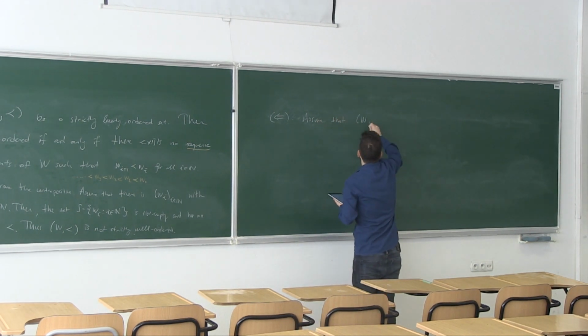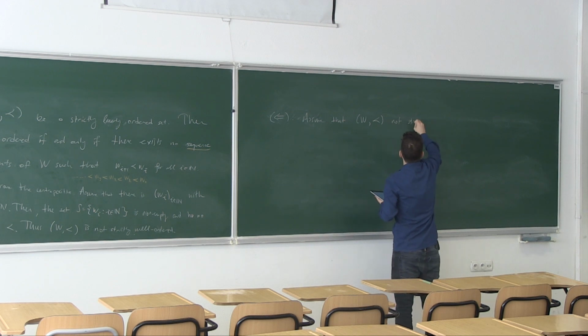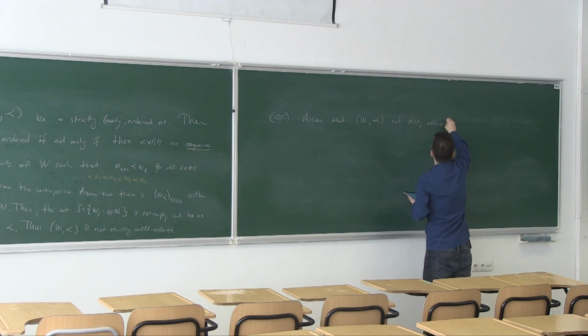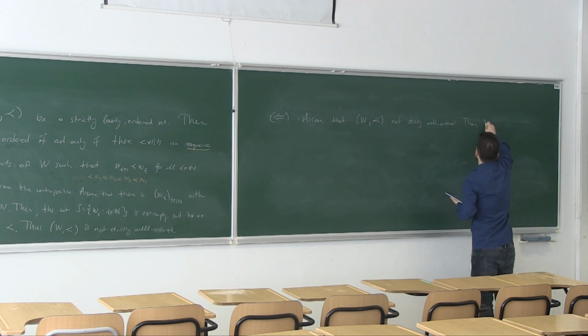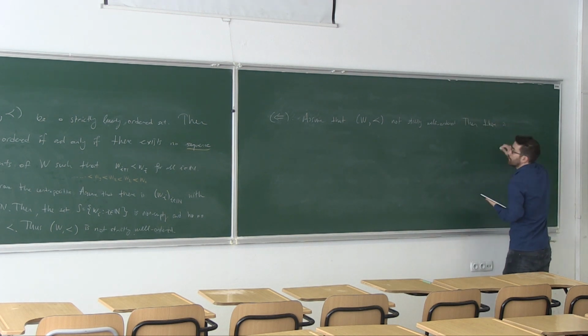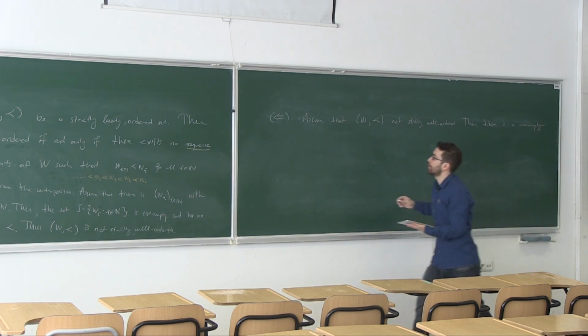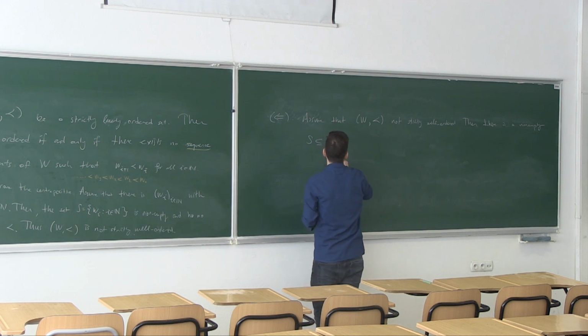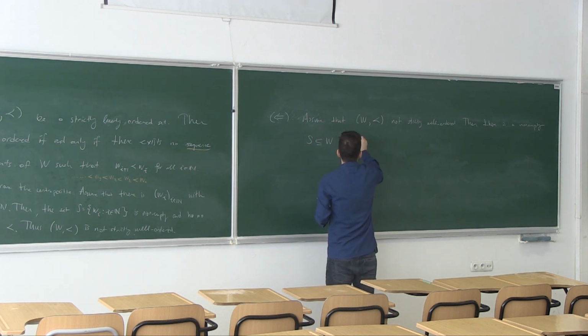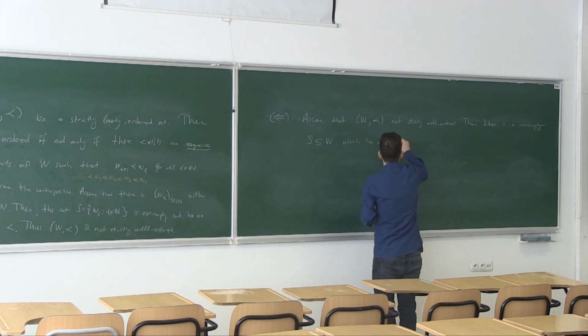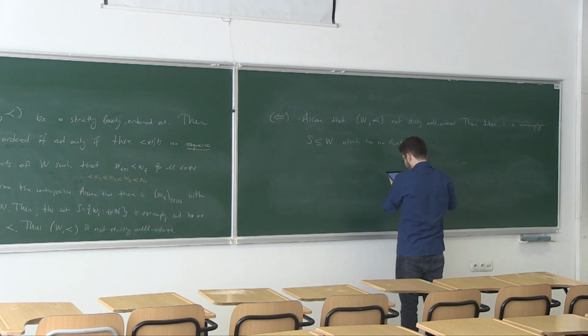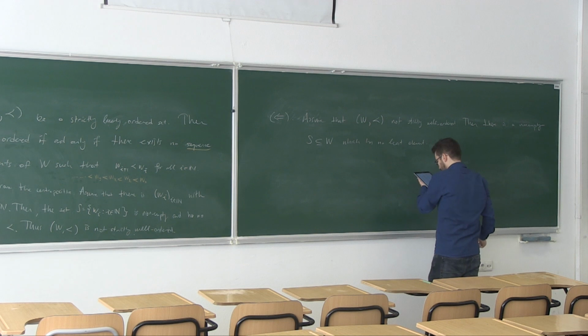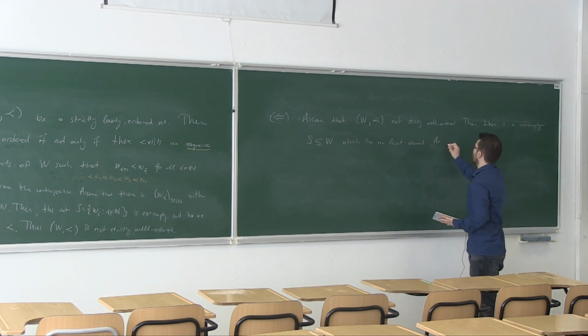Then, by definition of not being strictly well ordered, there is a non-empty subset S of W which has no least element. Okay? Now, this is non-empty.